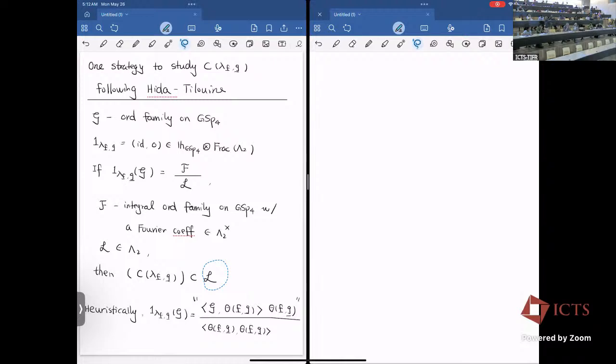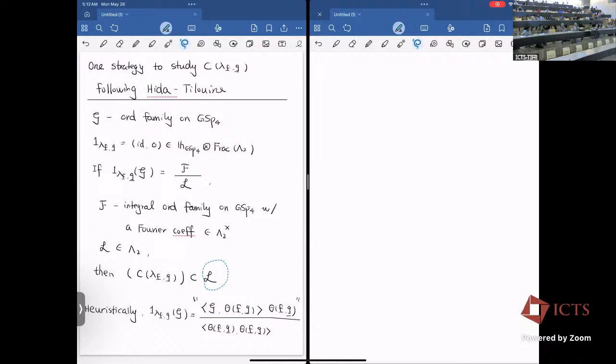So do we assume that F has no other congruences with other modular forms? For this part, no. But to go from this congruence ideal to bound the Selmer group, we need to either assume no congruence or handle that case.